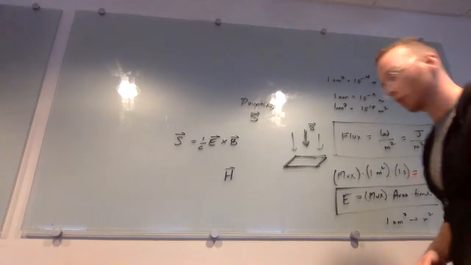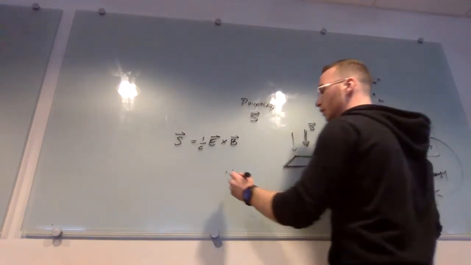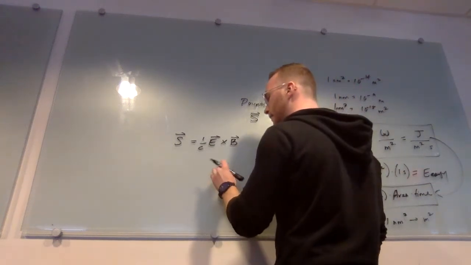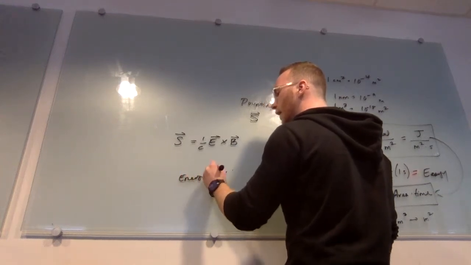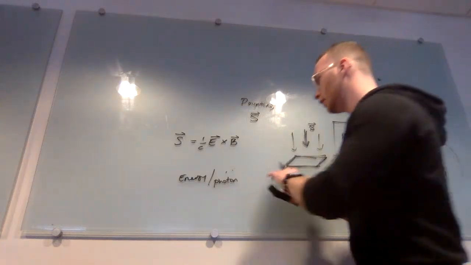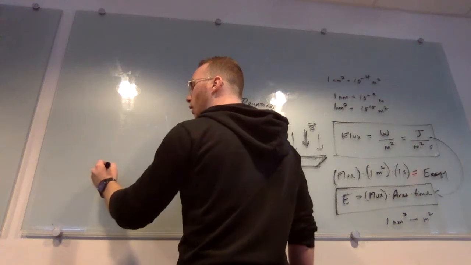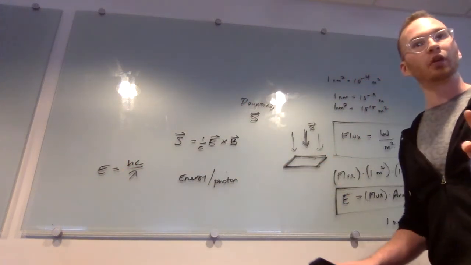There were some questions on the homework too where you got energy per photon. You had to find the energy of one photon, so you used something like this, and you got some energy value.